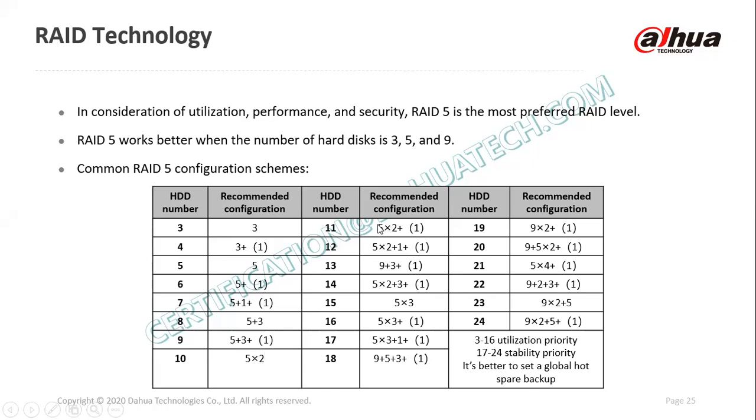If you have 11, you can do a combination of 5, then 1 as the hot swap. So for this case, in the 10 hard disk configuration, there's no hot swap hard disk. So just know that you need to combine groups of about 3, 5, or 9. You group the hard disks into 3, 9, or 5.